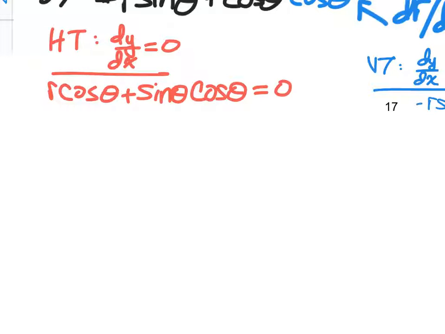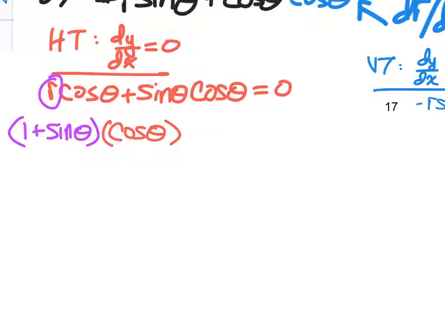I'm going to replace the r with a 1 plus sine of theta, multiply it by cosine of theta, and then add to it the sine theta cosine theta, set equal to 0.